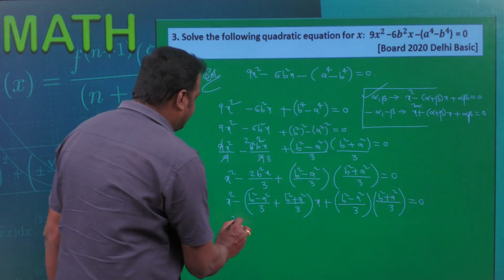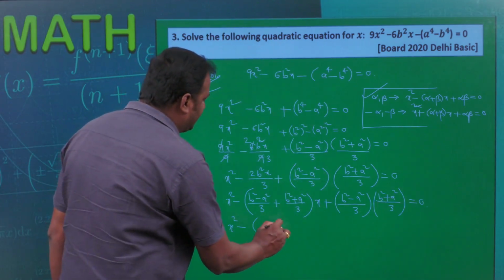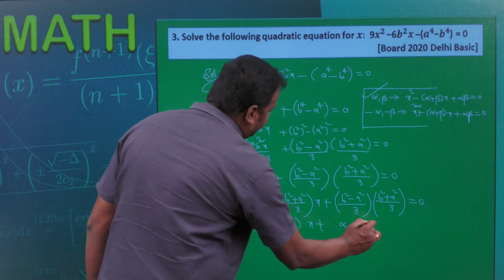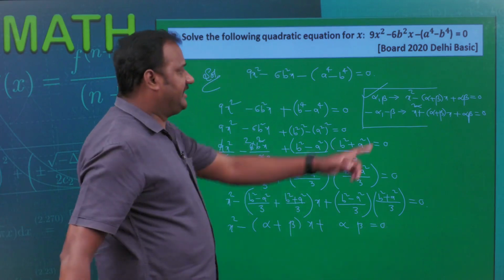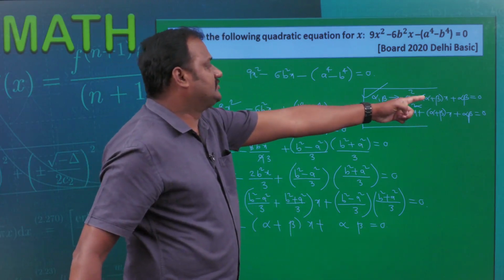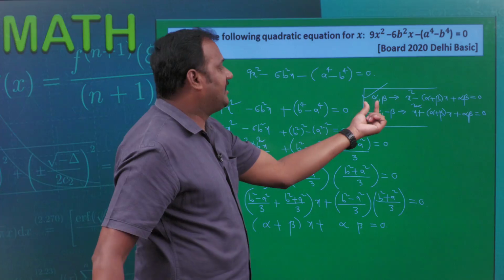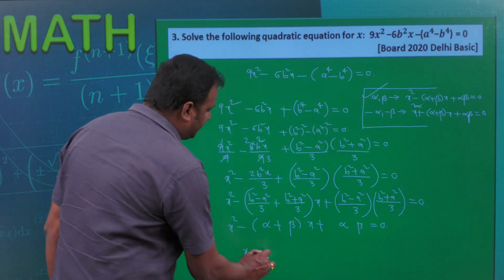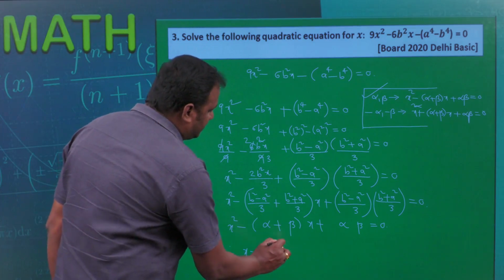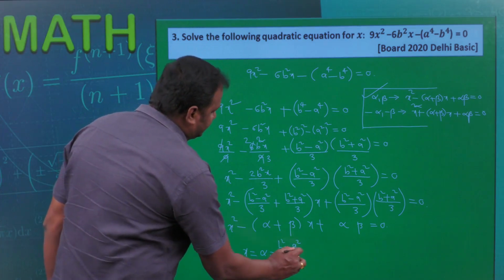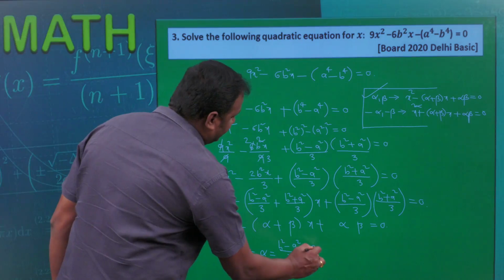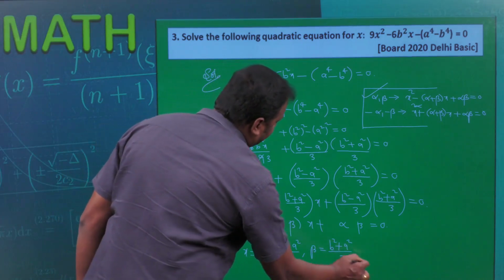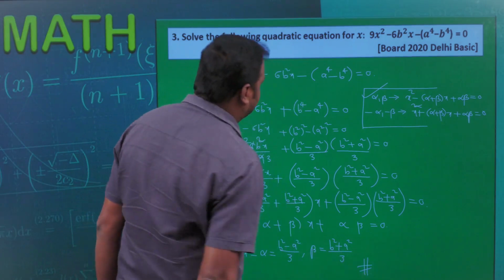It is in the form of x square minus of alpha plus beta times x plus alpha into beta is equal to 0. Therefore, it is the quadratic equation whose roots are alpha, beta. Therefore, the value of x is equal to alpha, which is b square minus a square by 3, and beta is equal to b square plus a square divided by 3. So this way we can answer this problem.